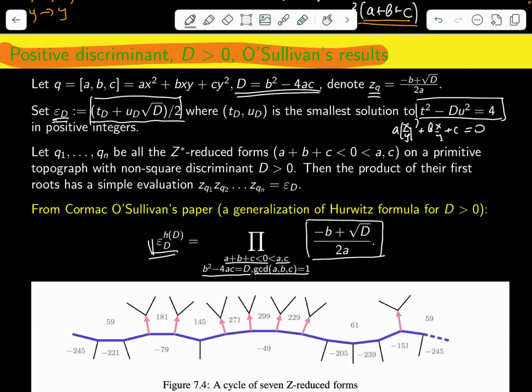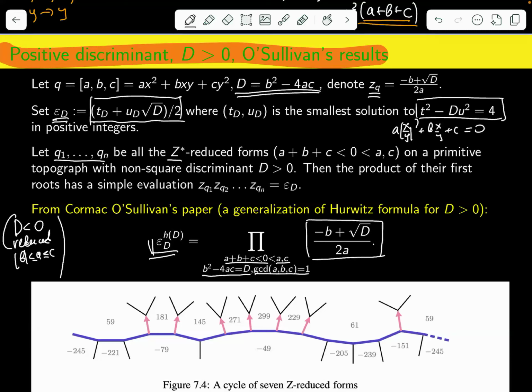Well, let's see. What is here? All these forms Q1, ..., Qn are so-called Z-star reduced forms. When you speak about forms with negative discriminant, in every equivalence class there is only one so-called reduced form. That's the form such that, if D is less than 0, then reduced means that b is less than a, less than c, maybe with equalities sometimes.